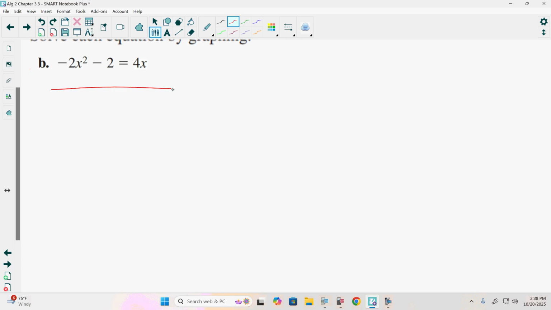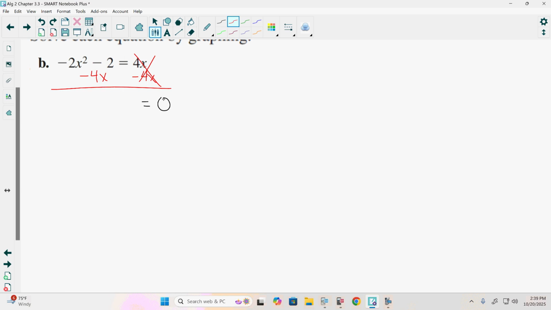We need to move stuff either from the left side to the right or from the right side to the left. Well, not just 4. We can subtract 4x from both sides because 4x minus 4x is indeed 0.